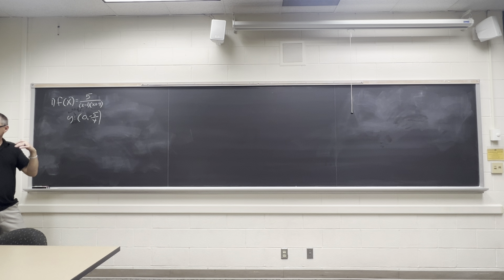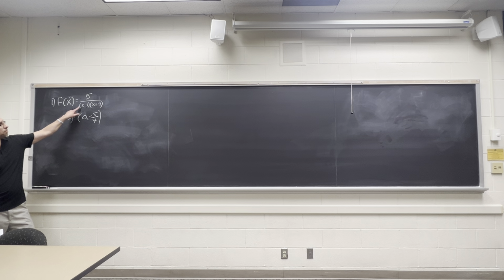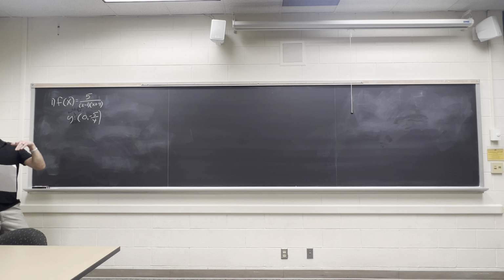It gets really small. It goes to 0. So if the degree of the bottom is bigger than the degree of the top, you have a horizontal asymptote, which is just the x-axis, the same thing as y equals 0.